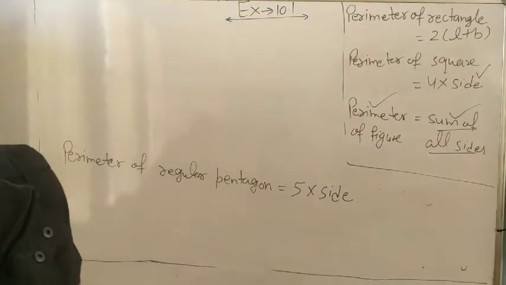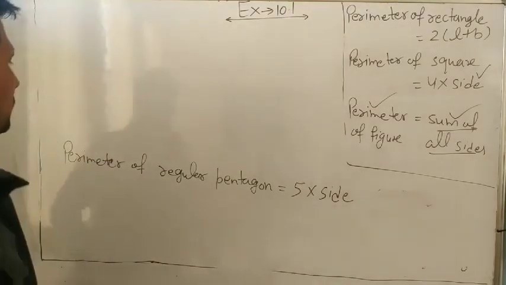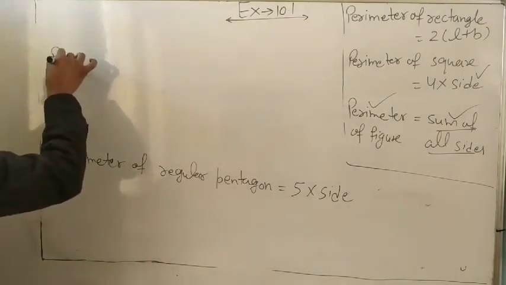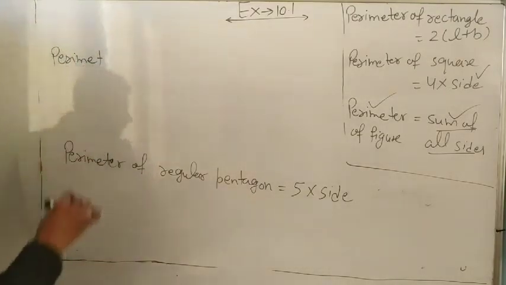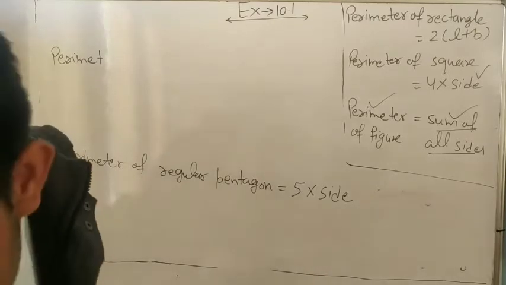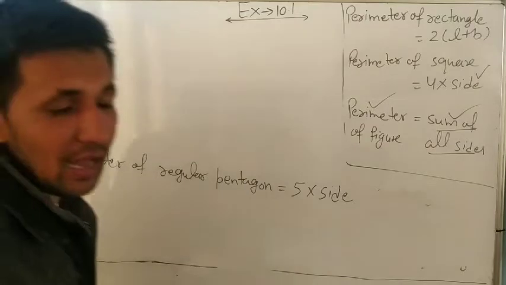So what is given in the question? The perimeter of a regular pentagon is 100 meter. In the question the perimeter is given, so we have to find how long each side is. Whatever you want to find, always consider it as a variable.